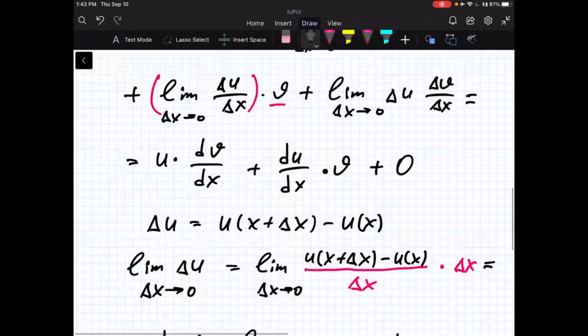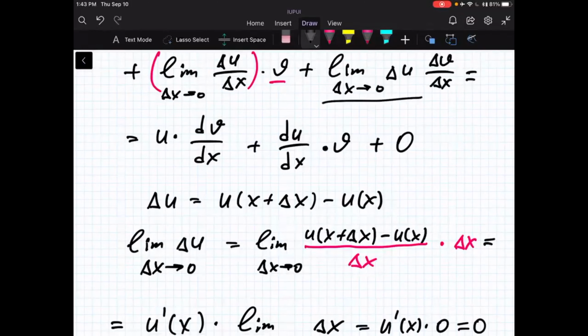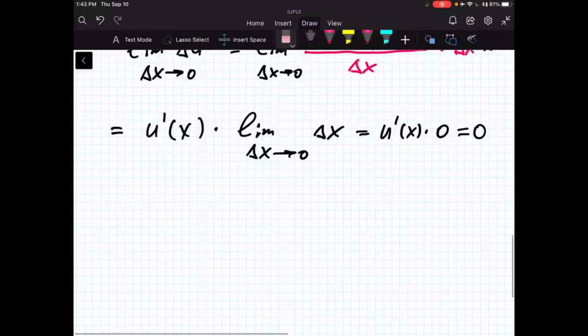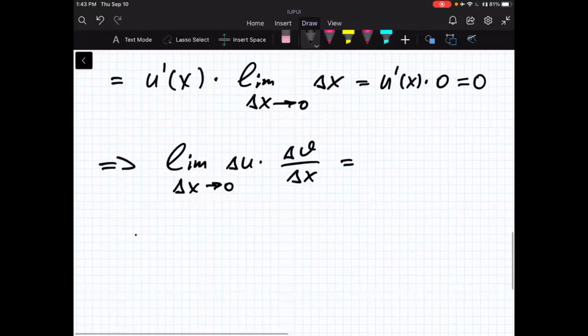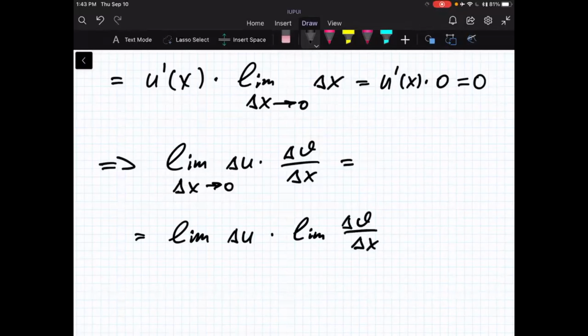But this is kind of only part of this limit, because then let's consider the limit that I'm interested in, which is delta u times delta v over delta x when delta x goes to 0. But again, as we discussed, we can write it down as a product of two limits: the limit of delta u times the limit of delta v divided by delta x, and recall that I can do that if I know that these two limits exist.